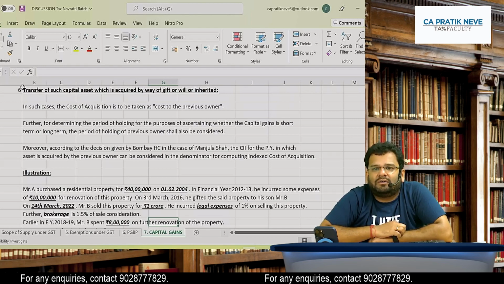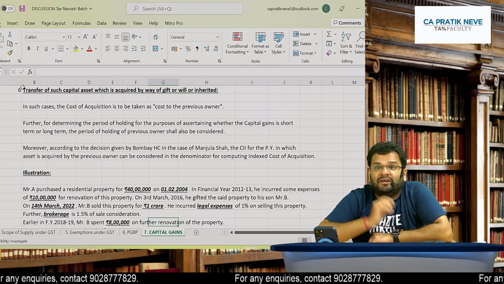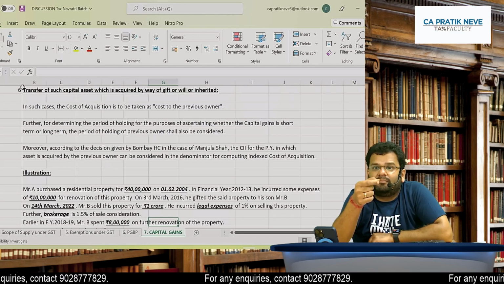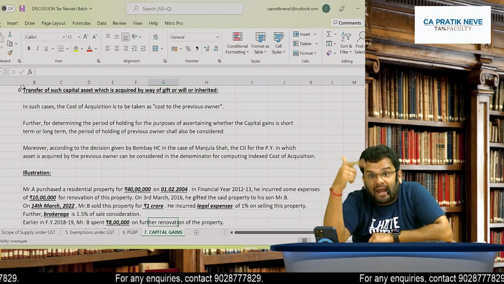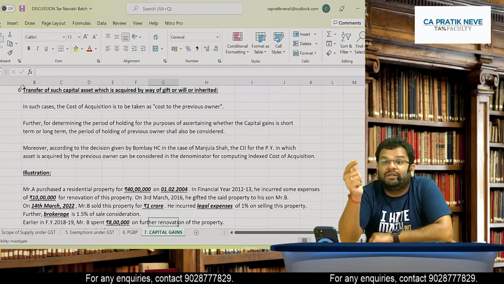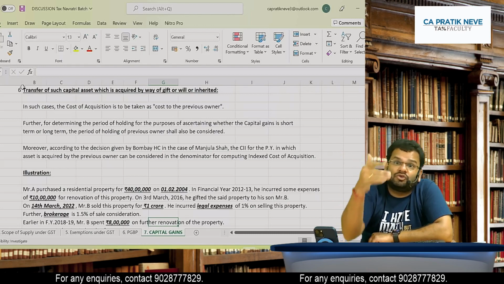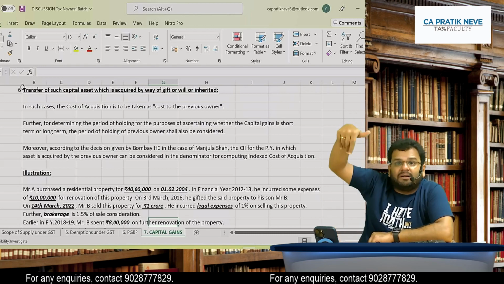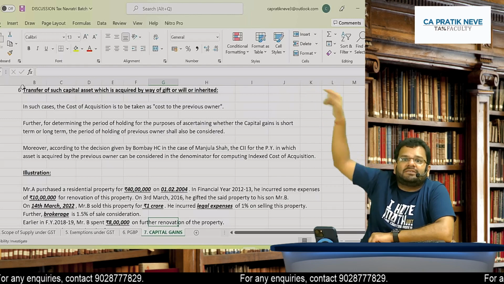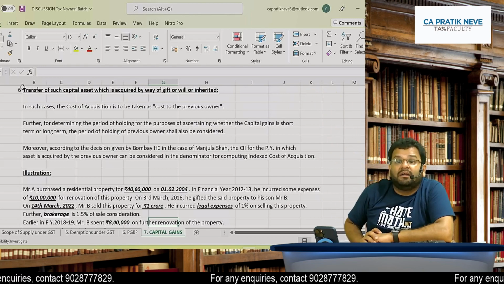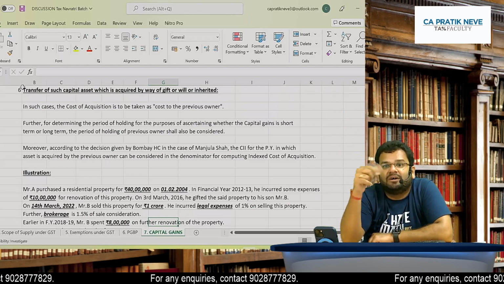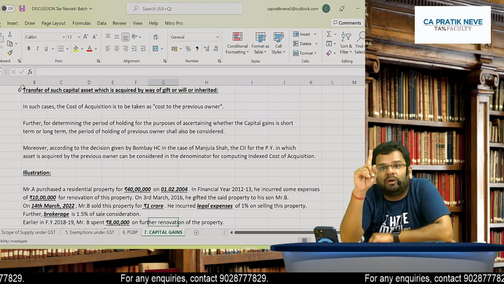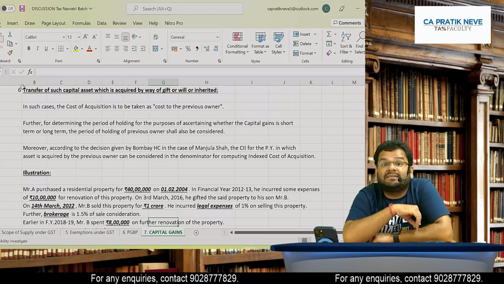In short, SSC's father gifted him plot of land. So cost of acquisition is cost to his father, and SSC now within 1 year from taking the gift sold it. But father was holding it for 8 years from date of purchase. Now period of holding for SSC will be 9 years. Father's 8 years and own 1 year. So asset will be considered as long term.